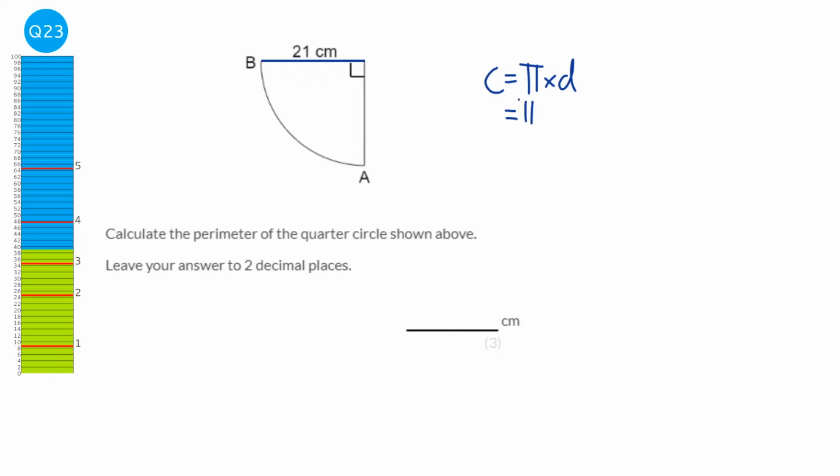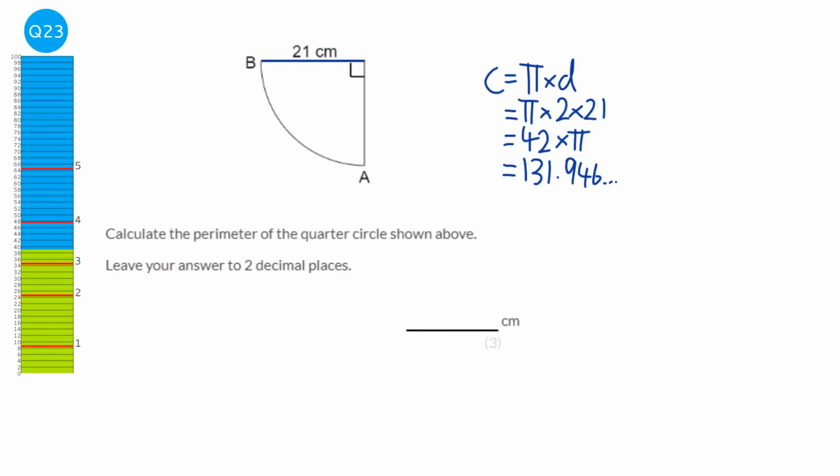So that's going to be pi times 2 lots of 21, which is going to be 42 times pi, which is going to be 131.946 blah blah blah. Now we don't have a full circle here. We've got to work out what fraction of a circle we have.